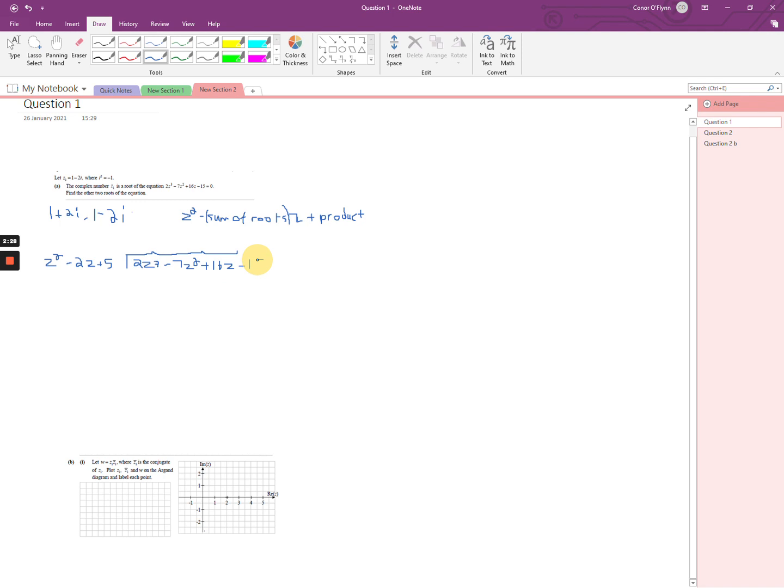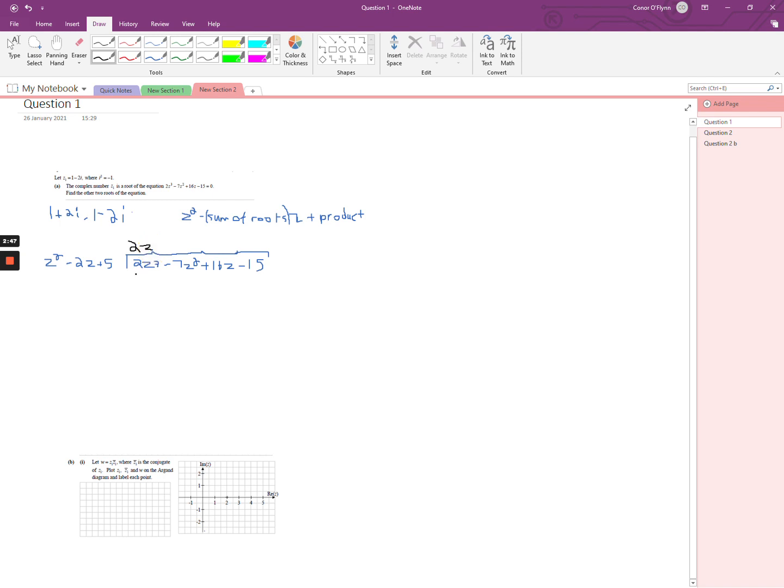We'll divide that in, and that'll give us the third root. So 2z cubed divided by z squared, that'll be 2z.